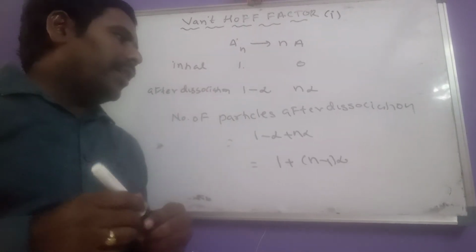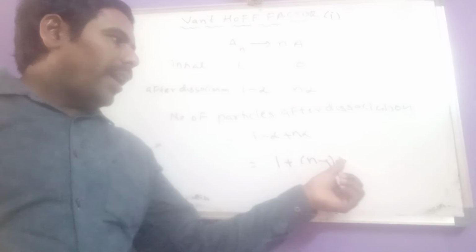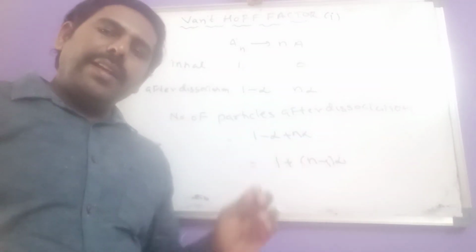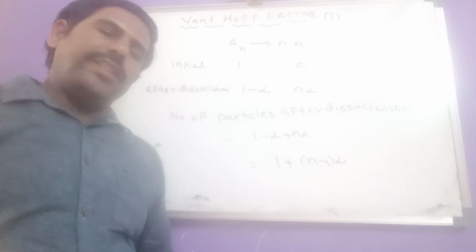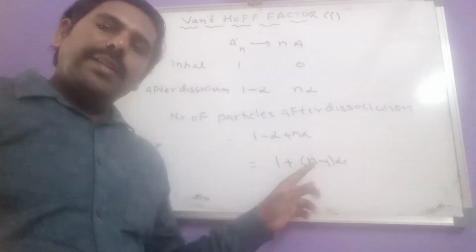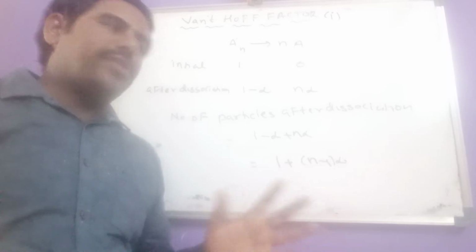So what are the alpha and N values here? Alpha is degree of dissociation or percentage of dissociation. N is the number of particles formed after dissociation.